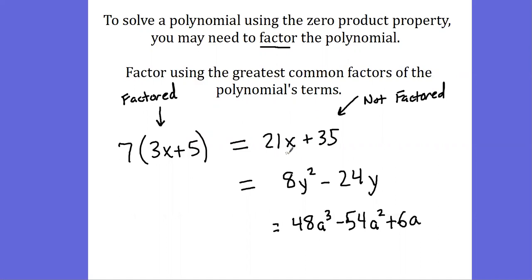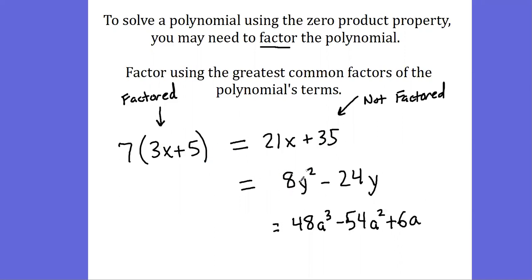To be quite honest, I don't even need the zero product property here. This is linear, and I can just solve that equation using my order of operations in reverse. But the minute my polynomial has an exponent greater than 1, I'm not going to be able to do that. All right, so let's go in reverse order.